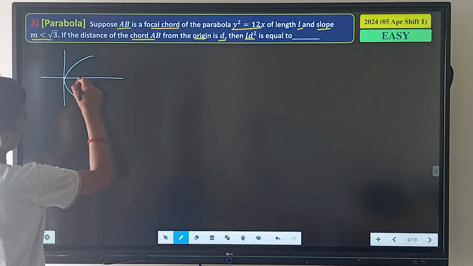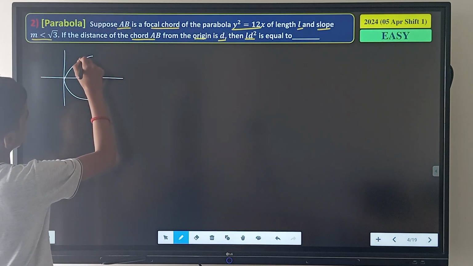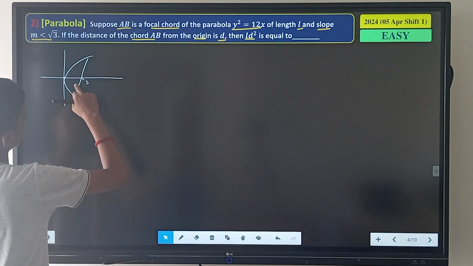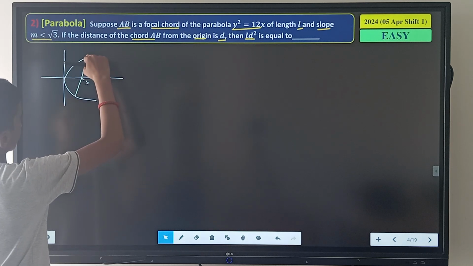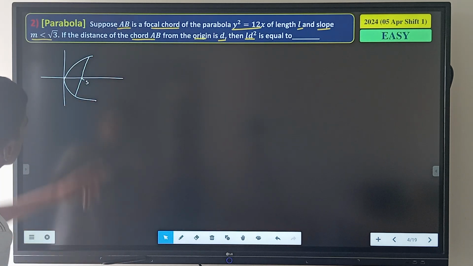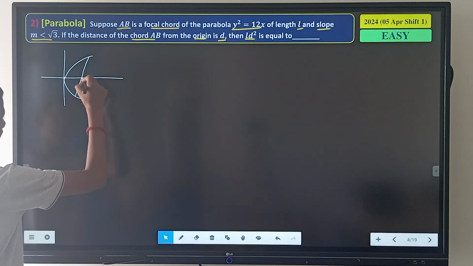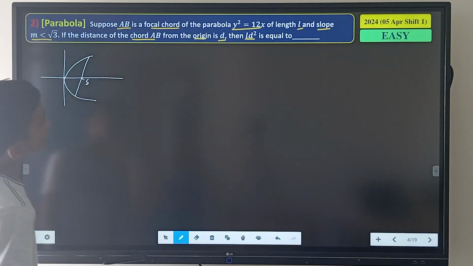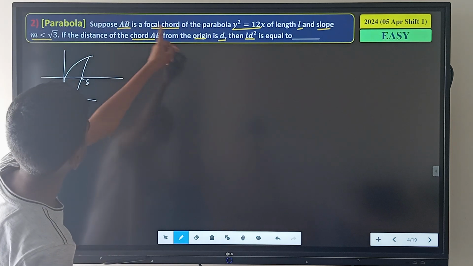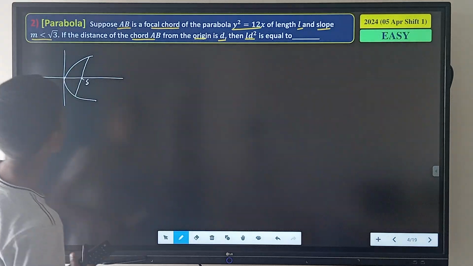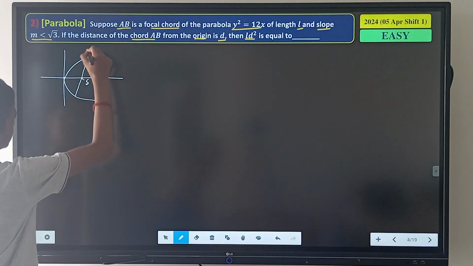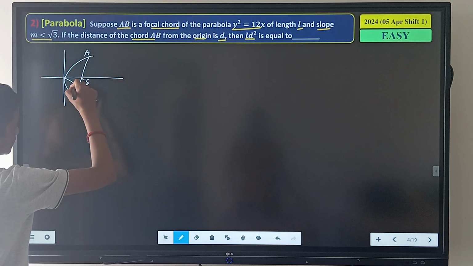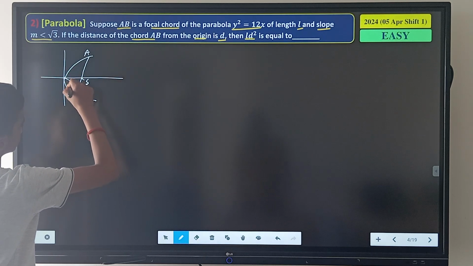Let's say this is our focus S and this is our focal chord, which passes through the focus S. So the question says that the distance of the chord AB from the origin is d.